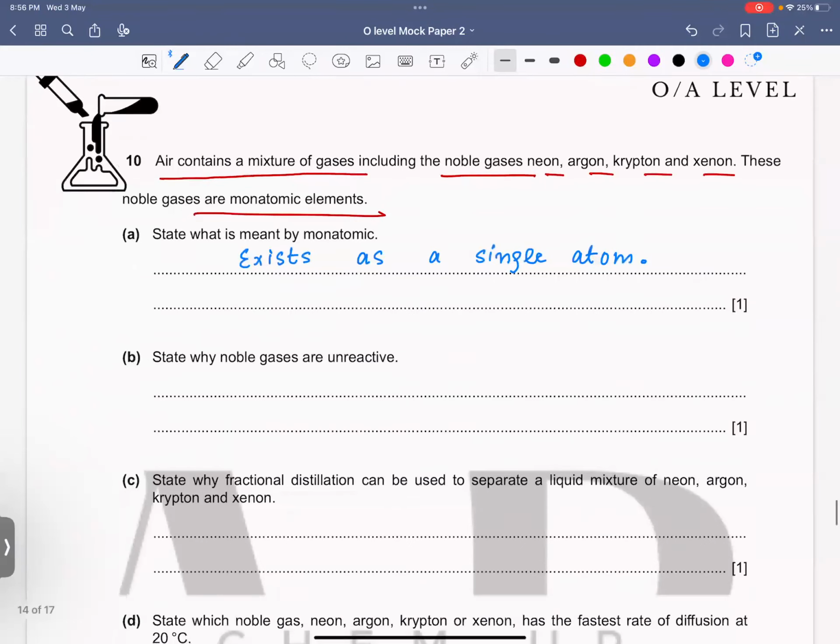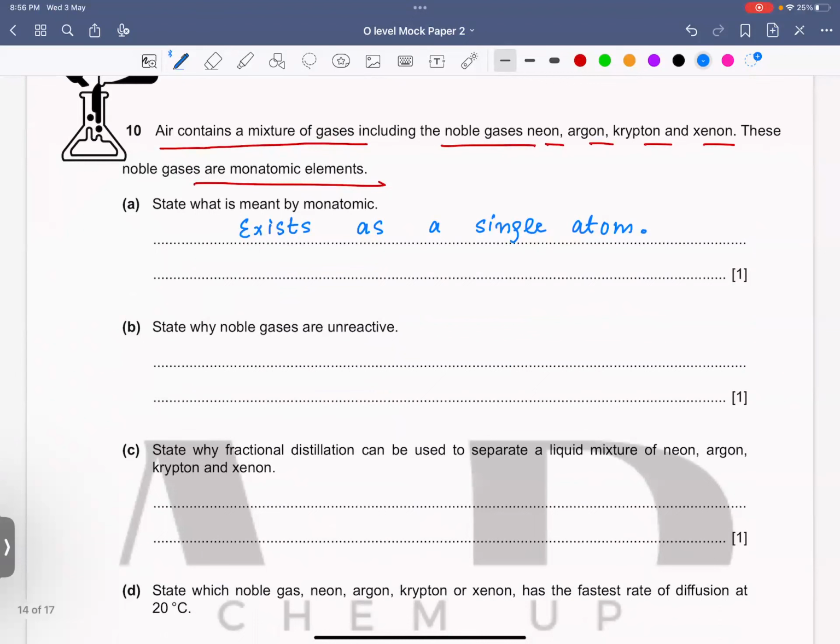Why are noble gases unreactive? Can you repeat, Hassan? No, we can't say that it doesn't exist in molecule form, because it is considered a single atomic molecule.